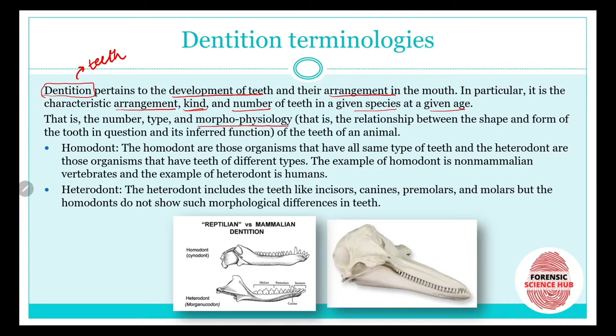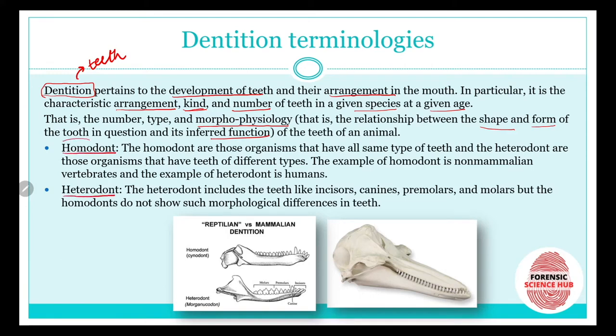Also, morphophysiology of the teeth is studied in dentition. Morphophysiology means the relationship between the shape and form, that is the morphology, how the tooth looks, and its function, that is the physiology. First let's start with the two terms, homodont and heterodont.